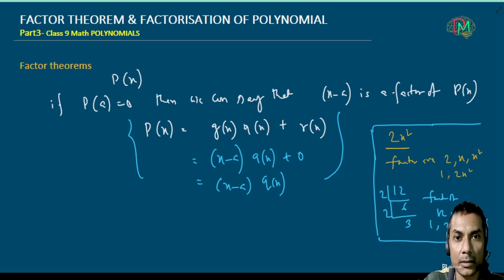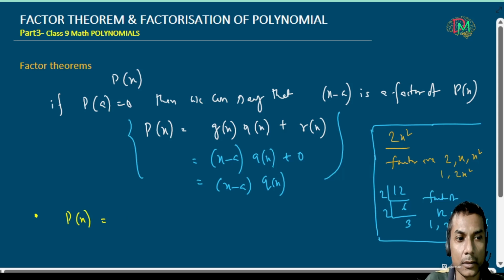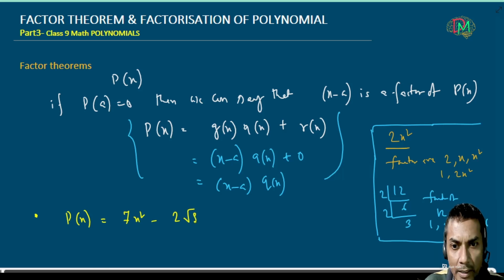Let's take, suppose, p(x) is given as 7x square minus 2 root 2 x minus 6.